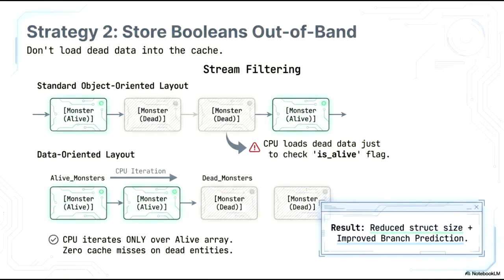By shifting to a data-oriented layout, we separate our entities into distinct arrays, such as alive monsters and dead monsters. This allows the CPU to iterate exclusively over the active dataset, ensuring 0 cache misses on dead entities. The outcome of this approach is a reduced structure size and significantly improved branch prediction, which optimizes overall system performance.